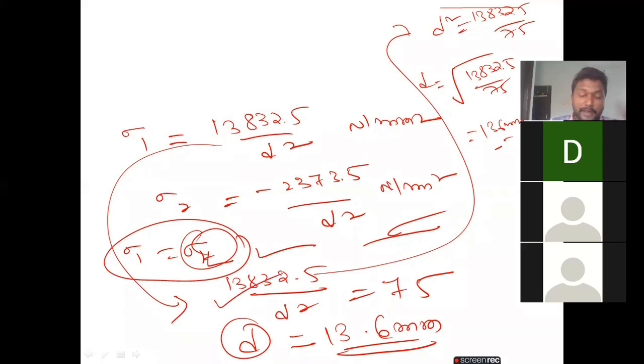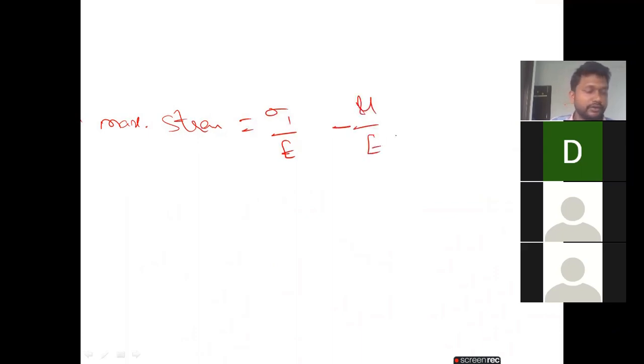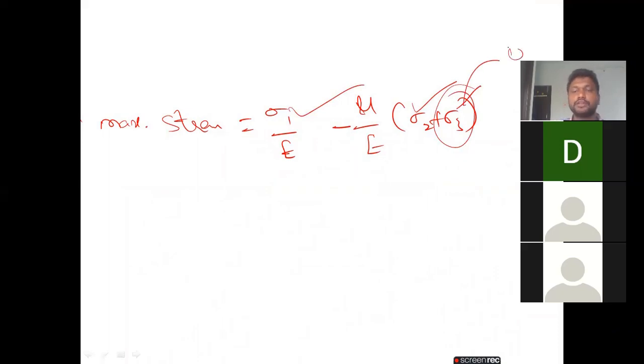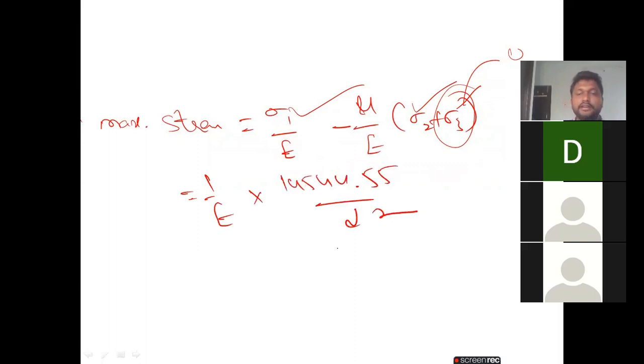Now how do we calculate the maximum strain value? The maximum strain formula: sigma 1 by E minus mu by E into (sigma 2 plus sigma 3). If you substitute sigma 1, sigma 2, and sigma 3 here is 0, I get 1 by E into 14544.55 by d square.